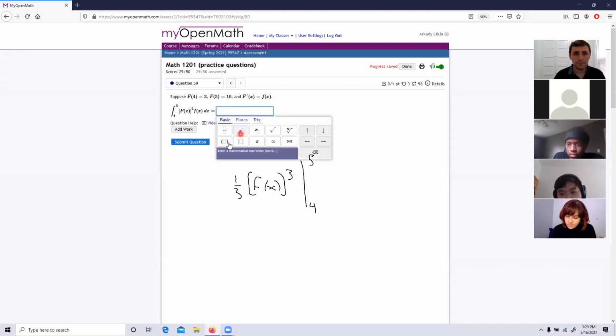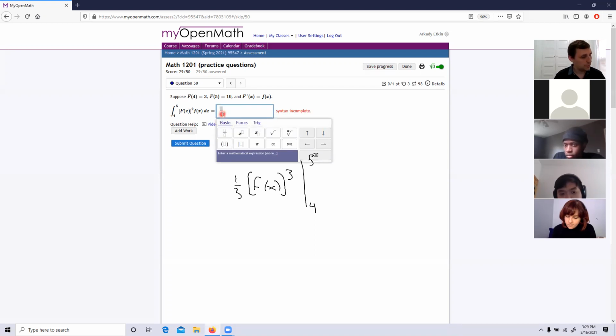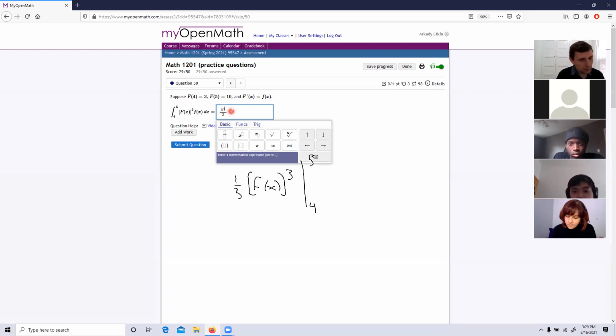So let's put it in. So the bottom is 3. The top is 10 cubed minus 3 cubed.